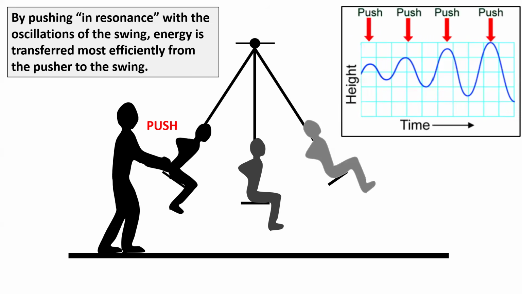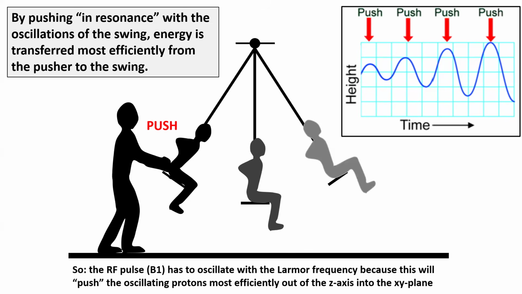By applying an oscillating magnetic field, a radio frequency pulse, with the exact same frequency with which the protons are precessing, we use resonance, and we have a very efficient way of giving energy to these precessing protons for pushing them into the transverse plane. So I hope this is clear because it's a very important concept.